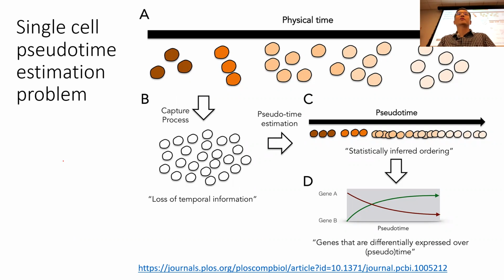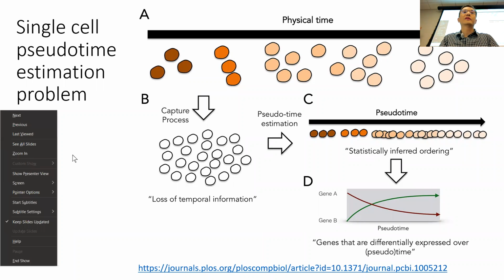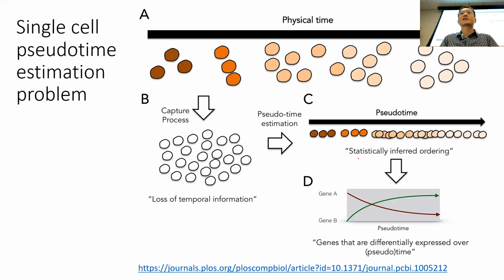That's why we use pseudotime estimation to reconstruct this trajectory. Using this statistically inferred ordering of the cells as pseudotime series information, you bring a new axis into the system.